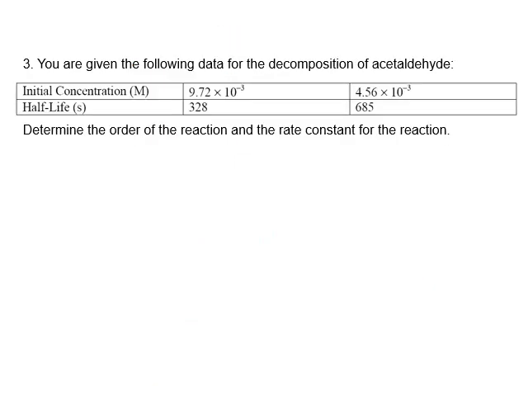In question number 3, it gives you the initial concentration and the half-life. It asks you to determine the order of the reaction and the rate constant. Now, from the characteristics of the first order and the second order reaction, we know that for the first order reaction, the half-life should be ln 2 divided by K, which is independent of initial concentration.